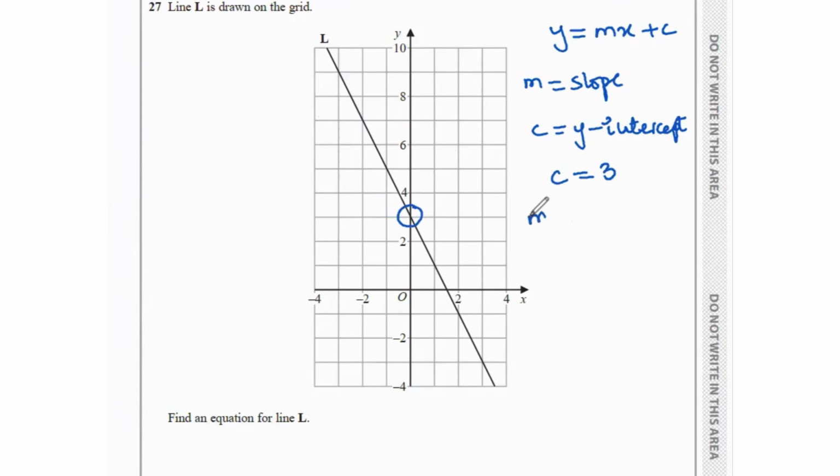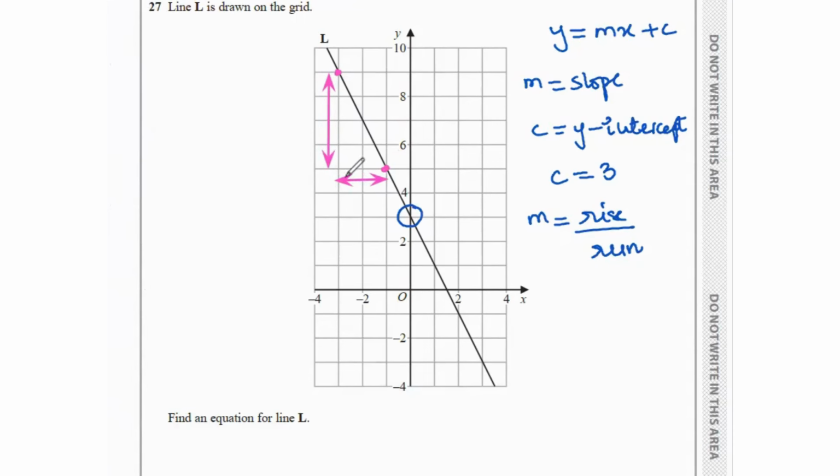For the slope, we use rise over run. So what you can do is pick any 2 points on the line and then find the rise over run. So let's say we pick this point and this point. Always prefer whole numbers over decimals. So for the rise over run, this is your rise and this is your run.